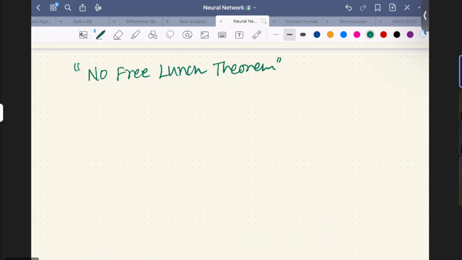I'm not touching that, but I can explain in very layman terms without any mathematics. The essence of this theorem is that there is no perfect model in the world.